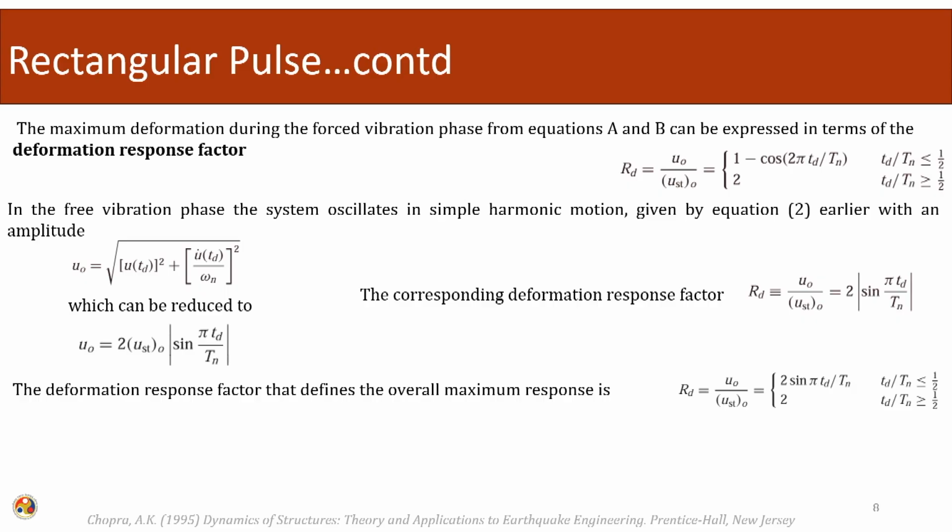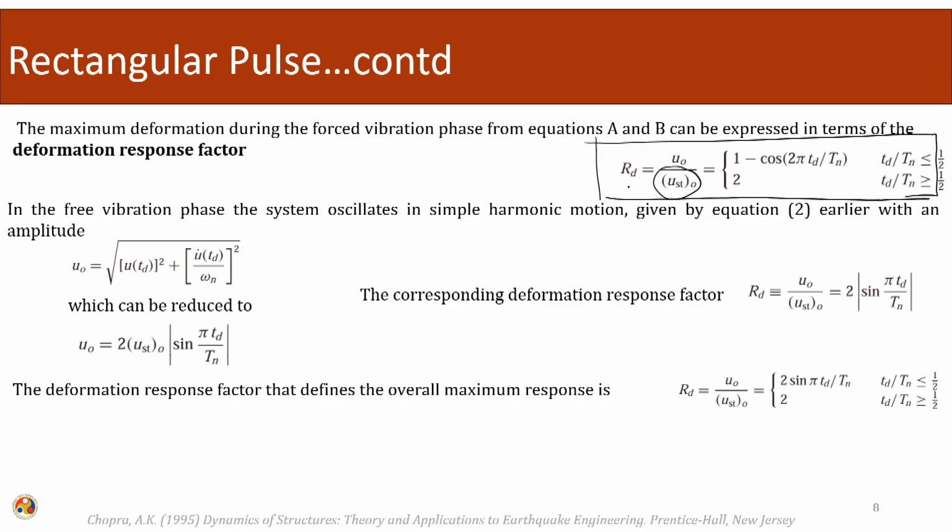Continuing from the earlier observations, the maximum deformation during the forced vibration phase from equations A and B can be expressed in terms of the deformation response factor. What we are trying to do is make a ratio of the deformation with respect to the static deformation.